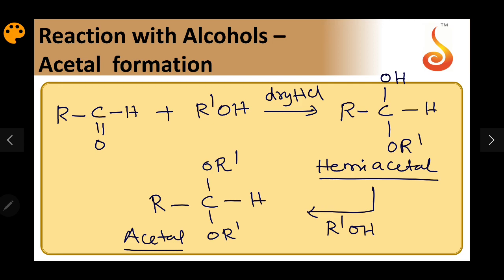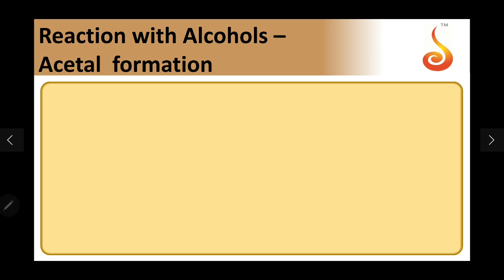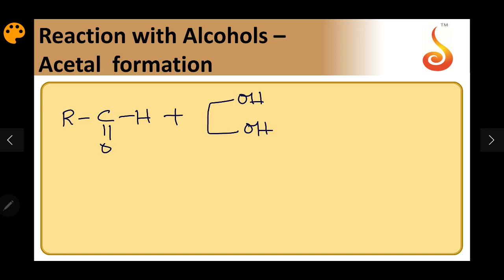Further, the acetal formation can also be done using a cyclic diol, vicinal diol. So if I take an aldehyde or a ketone and I use say ethylene glycol, instead of two molecules of alcohol I am using only one molecule of alcohol.